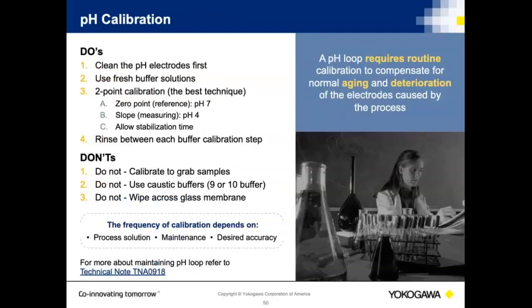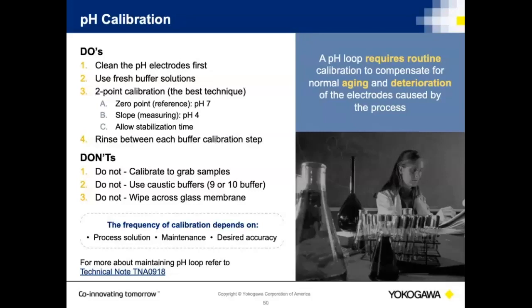Temperature. Make certain that you allow temperature stabilization. If I take a pH probe and I pull it out of the selective catalytic reactor, and that SCR happened to be at 180 degrees C, and I pull the probe out and basically want to do a calibration to buffer solutions that are at room temperature, I'm going to have an issue.